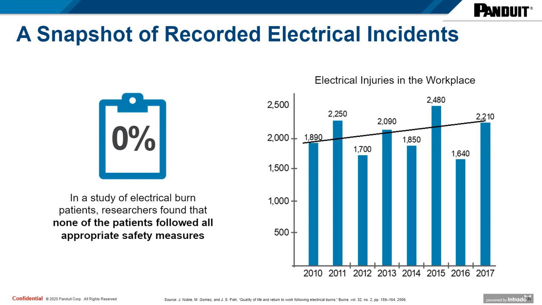However, even with the existing processes and procedures, the injury rate trend has remained flat or increased from 2010 to 2017. This alone should be cause for concern, but these incidents are just the ones that are reported. Every year, many incidents are not even reported.